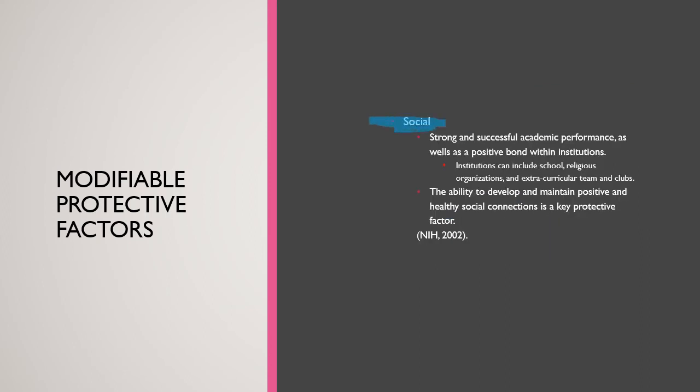Social protective factors, strong and successful academic performance, as well as positive bonds within the institution. So an institution can be any type of group or organization, schools, religious organizations like churches. Extracurricular teams could be considered an institution that would be a protective factor, like a team or a club of some sort, which we see right here, extracurricular teams and clubs as well.